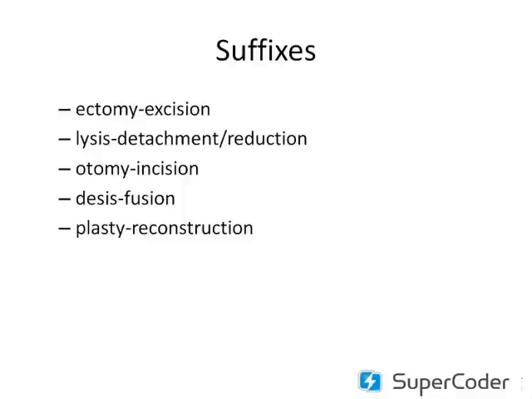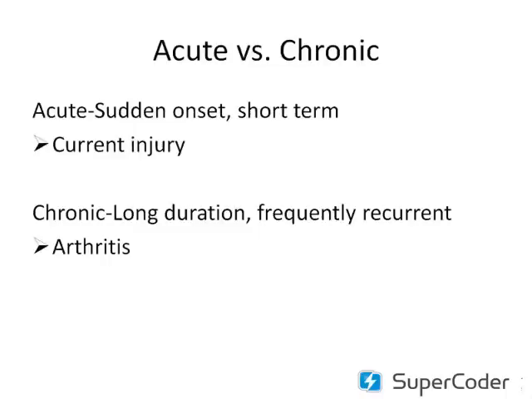Another issue that we deal with in our coding for orthopedics is on slide number 3, and this is acute versus chronic. There are some CPT codes that in their descriptions include either acute or chronic, but more importantly, we need to know acute or chronic for a lot of our diagnoses.